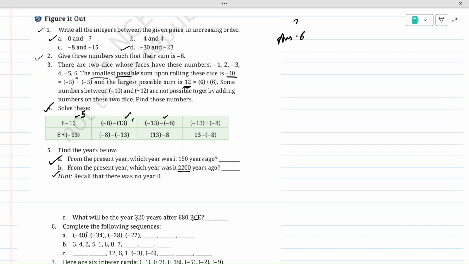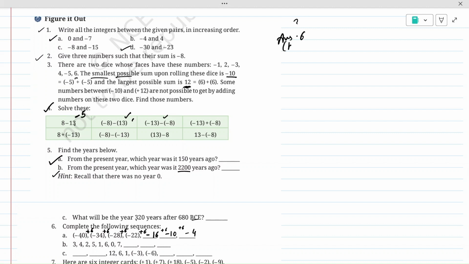If you add plus 6 to minus 40, we will get minus 34. If we add plus 6 to minus 34, we will get minus 28. If we add 6 here, we'll get the next number. If you add 6 here again, you will get another number, which will be minus 16. 6 again, minus 10. 6 again, minus 4, and so on. Okay, this is how you have to do this question.